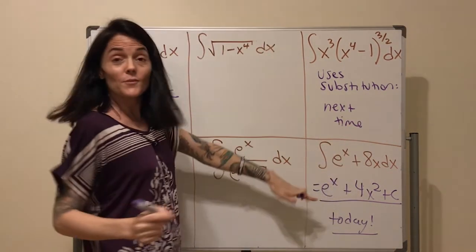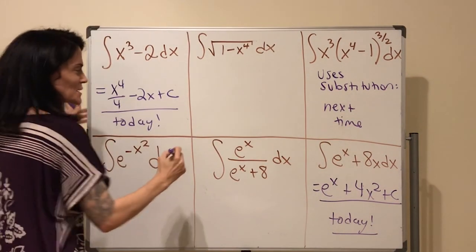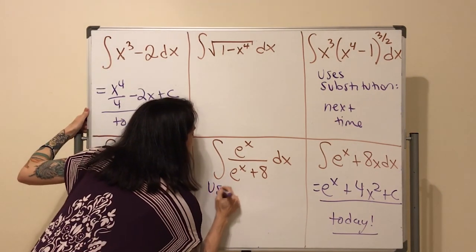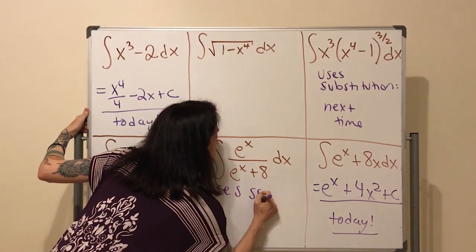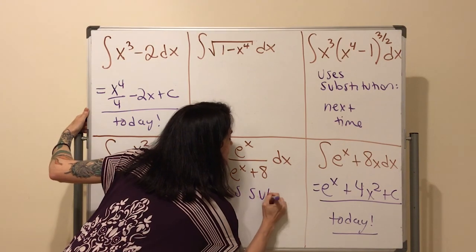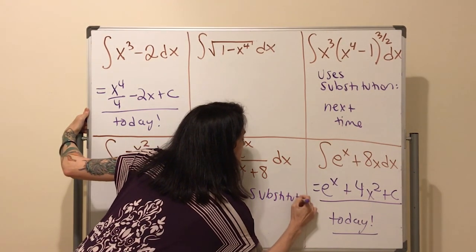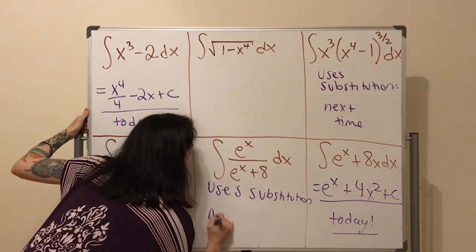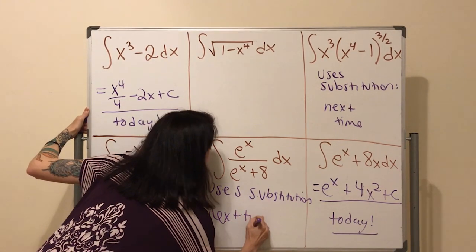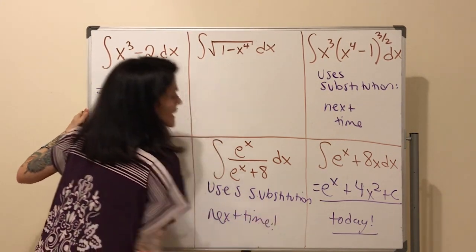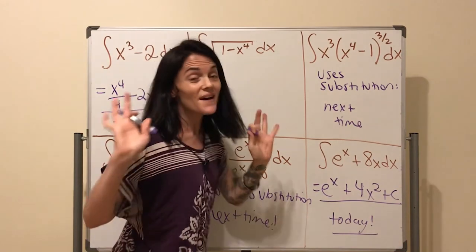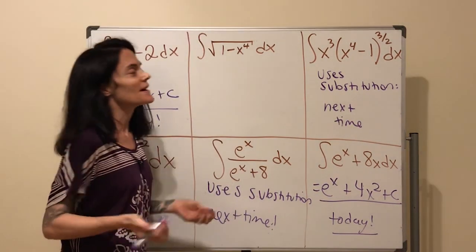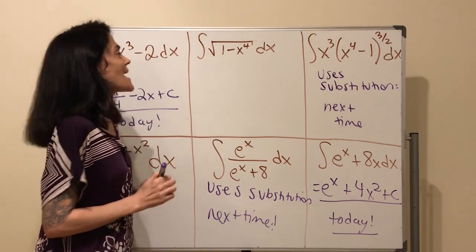And in the bottom row is this one. This uses substitution. This will be next time. And in fact, next time I will do both of these integrals just as part of our substitution day.